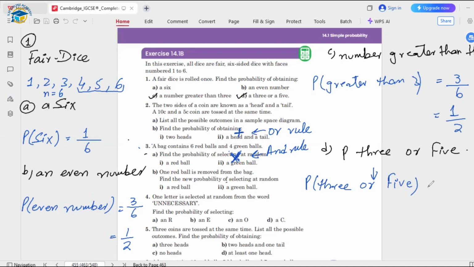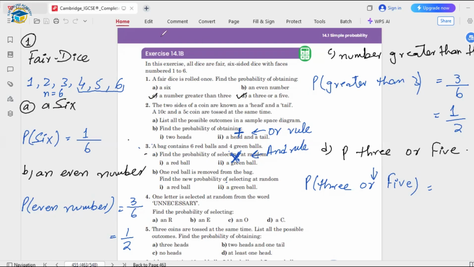So we need to find the probability of getting a 3 or 5. So getting a 3, probability is basically only one time we can get 3, right? And if we are talking about the probability for 5, that as well is 1, right?